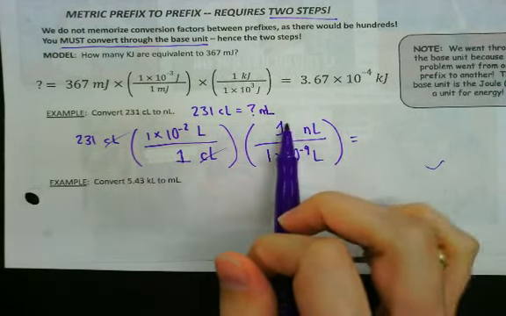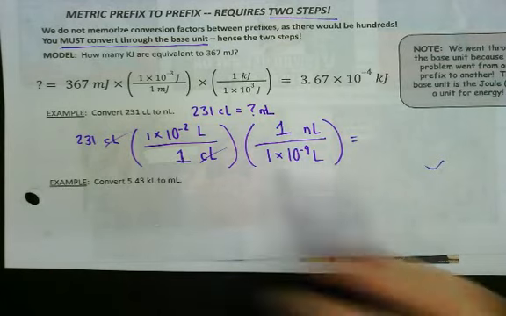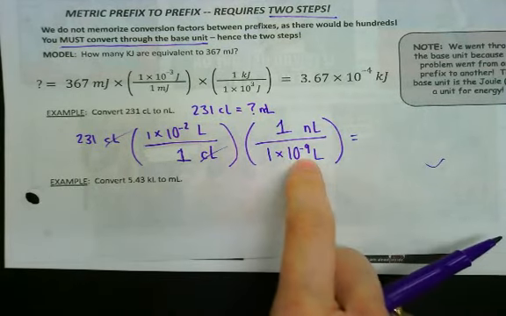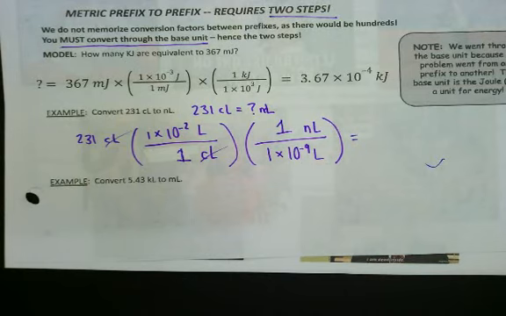We can multiply everything across the top and divide it by everything on the bottom. So this times this divided by this. So I want you to try that. Practice typing that into your calculator.